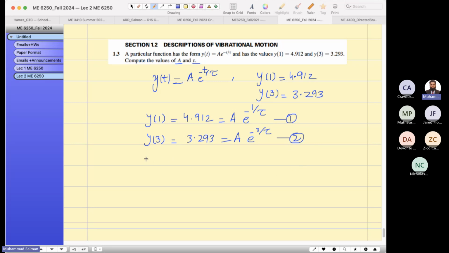So if you divide both, equation 1 and 2, and do the math, you should get tau, which is the time constant, equals 5 seconds. You can verify it.